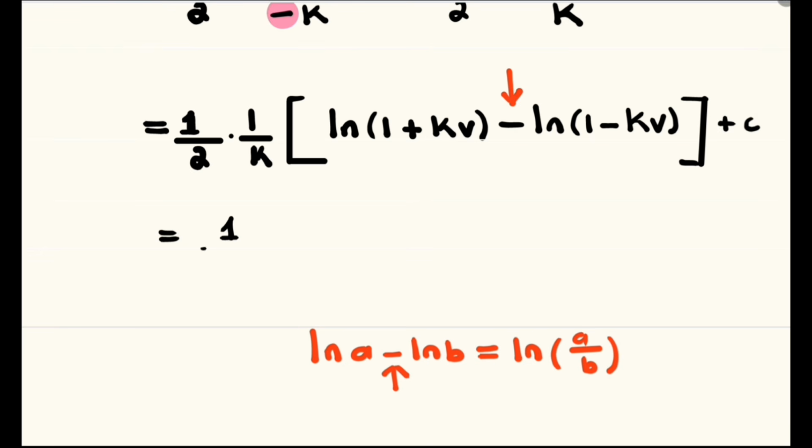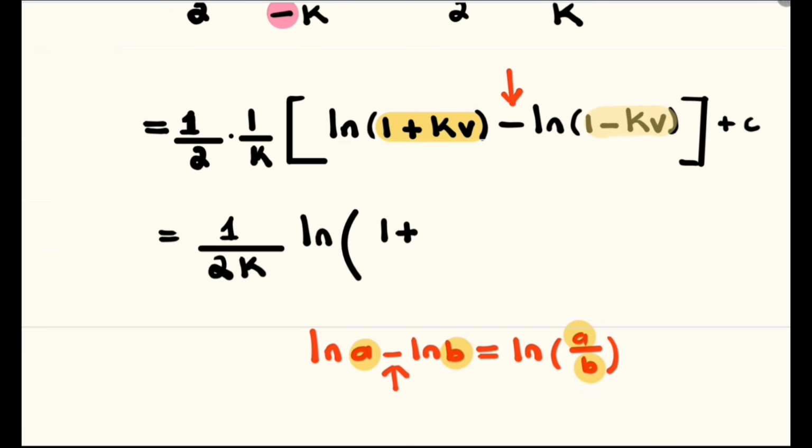So this will be equal to 1 divided by 2k multiplied by the ln of, so that 1 plus kv will be our a, 1 minus kv will be our b.